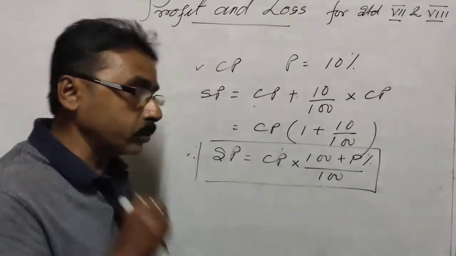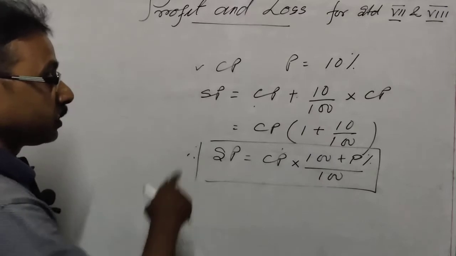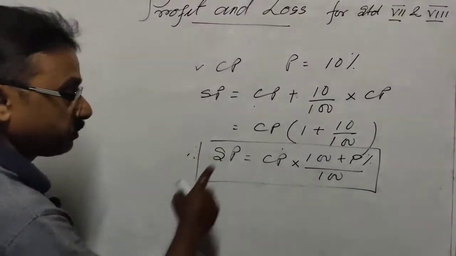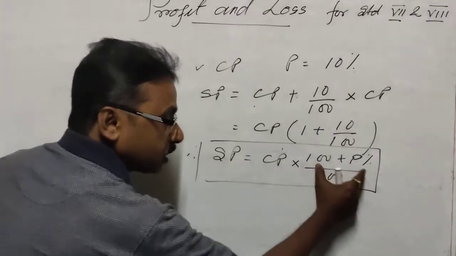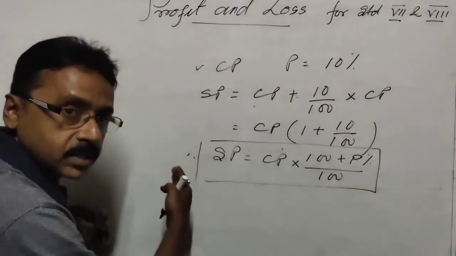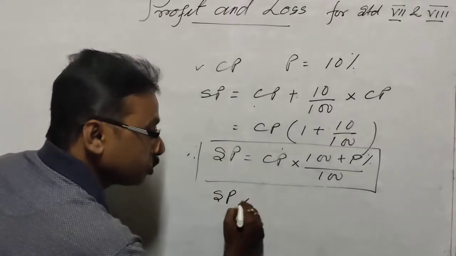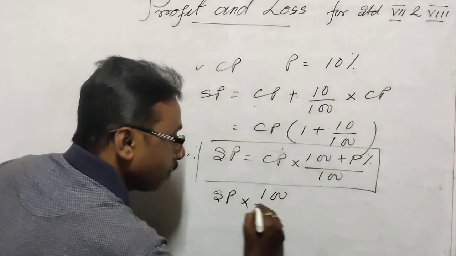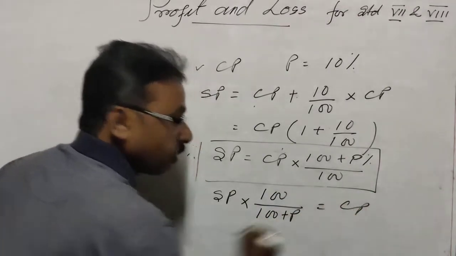Okay, now how to get CP from there? From this part we have SP equal to CP into this. Now if I shift this portion to the left hand side, then we will have SP into 100 by (100 plus profit) equals CP.